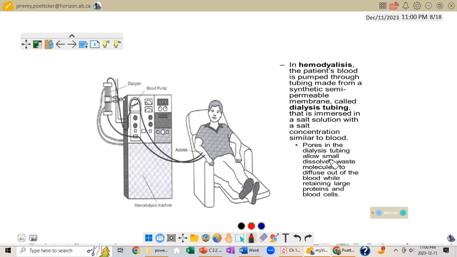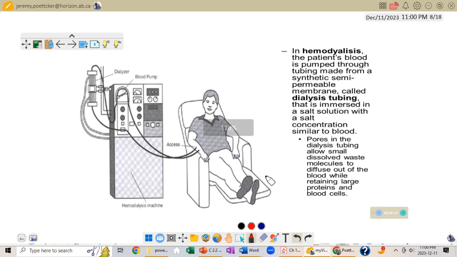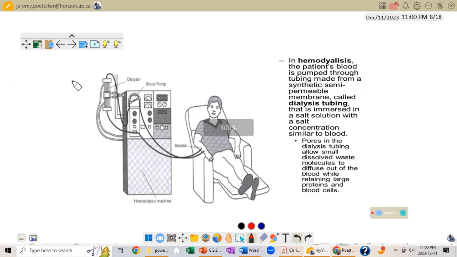Pores in the dialysis tubing allow small dissolved waste molecules to diffuse out of the blood. The large proteins and blood cells are forced to stay inside. This gets rid of waste materials in the blood and allows the blood to become cleaner. Less waste means that they're able to continue living even though their kidneys aren't properly working.